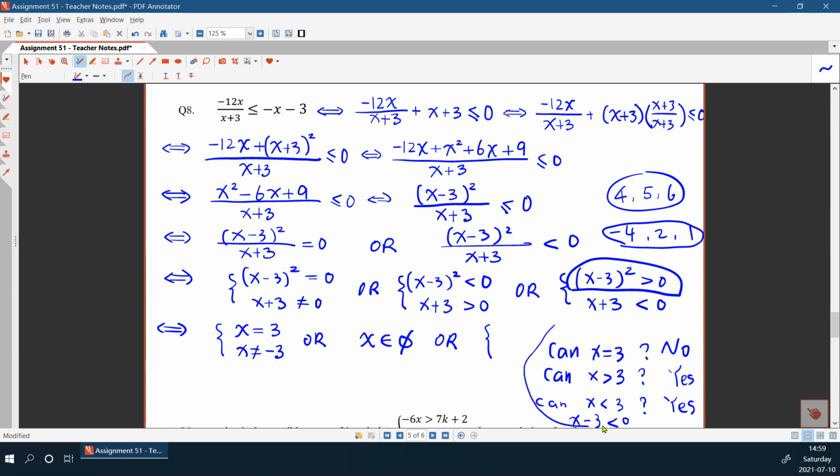So by considering all of these, what is the solution of the inequality here? You say x cannot be 3, but x can be above 3 or less than 3. So this means as long as x is not 3, this is okay, right? Do you see that? So what is the solution of the third inequality?